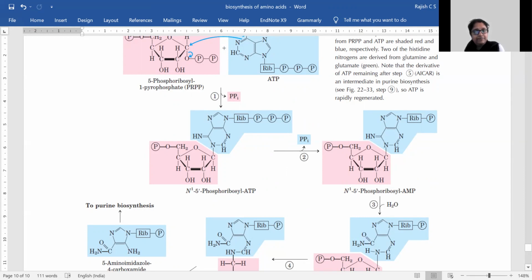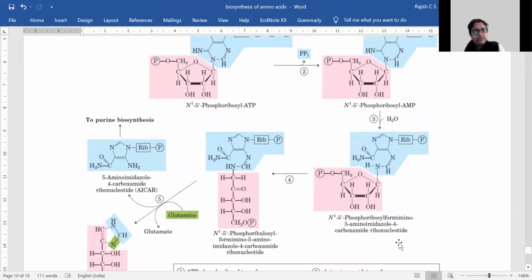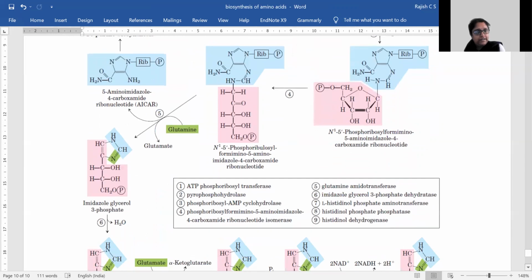Now we have the AMP part, to which one water will be added. So this is a hydrolysis reaction.